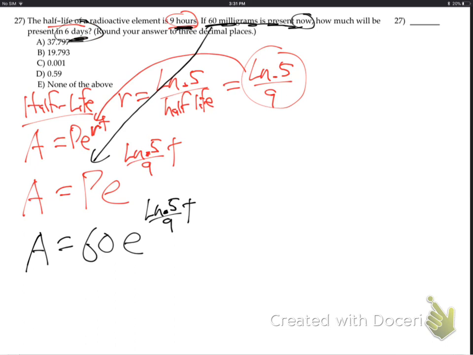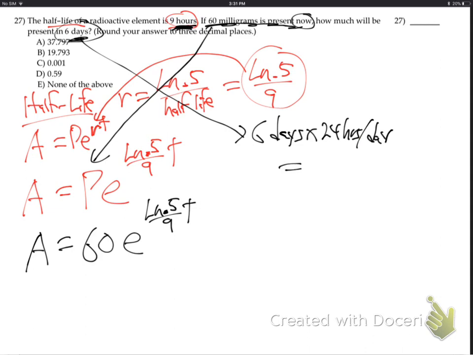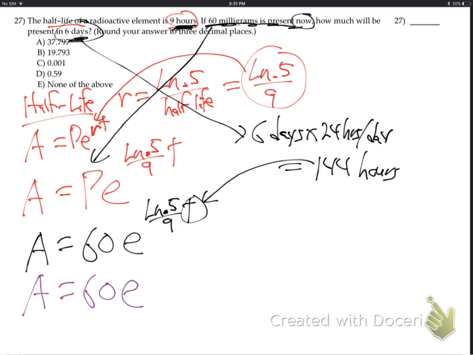We're already using 9 hours, so we have to convert 6 days times 24 hours per day equals 144 hours. And then plug that in for time. So A is 60 e to the ln 0.5 over 9 times 144.